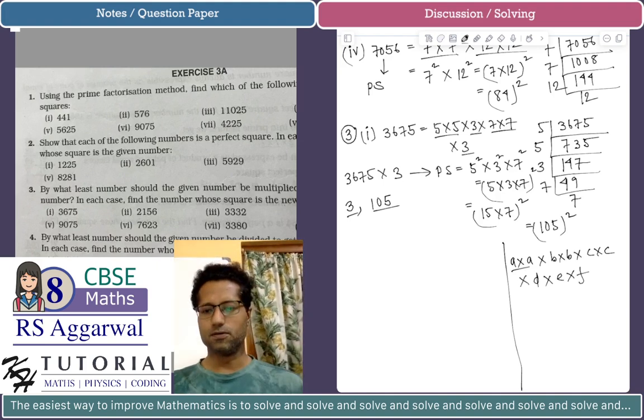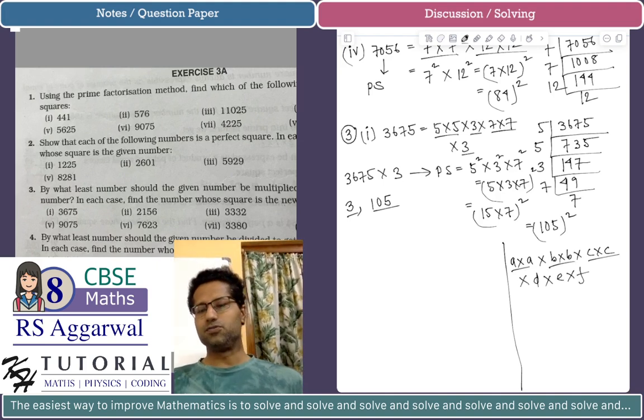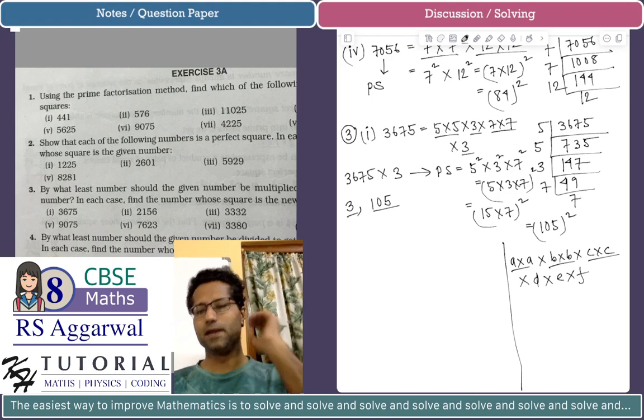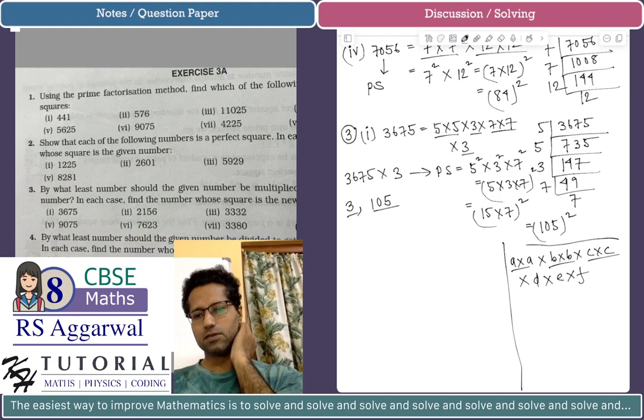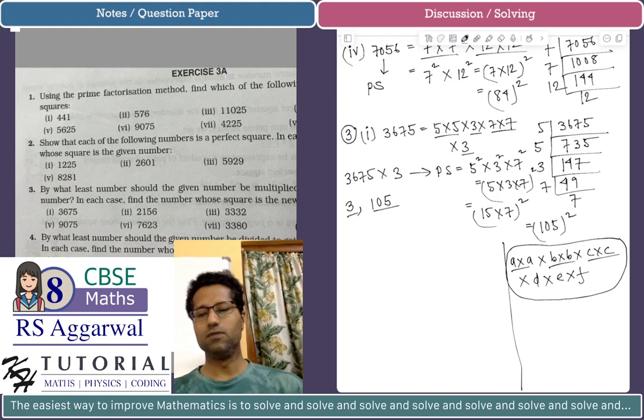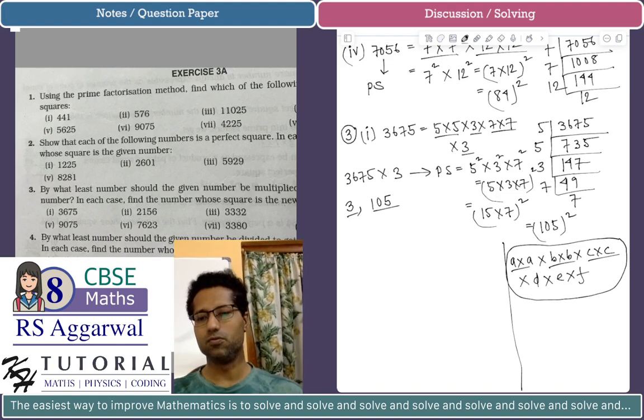So you have 3 pairs, and three factors which are left behind. So from that number you found that the prime factorization is a into a into b into b into c into c into d into e into f.